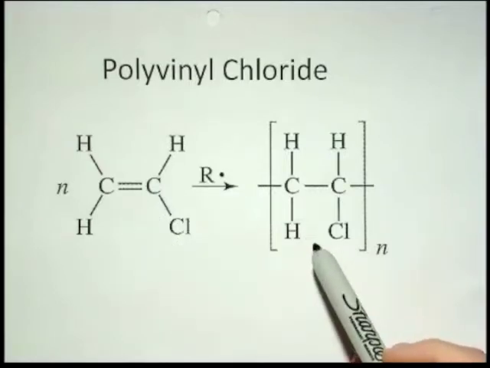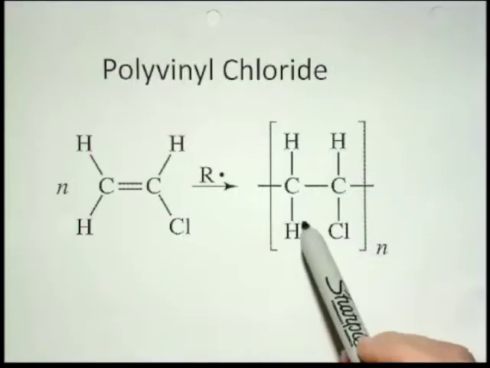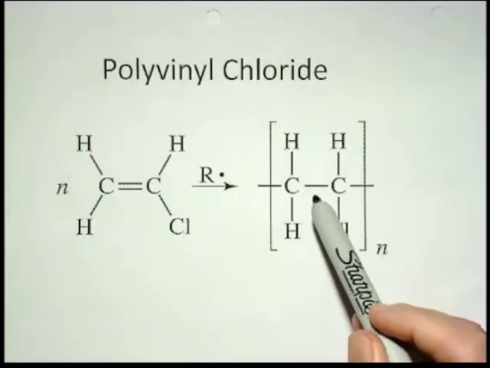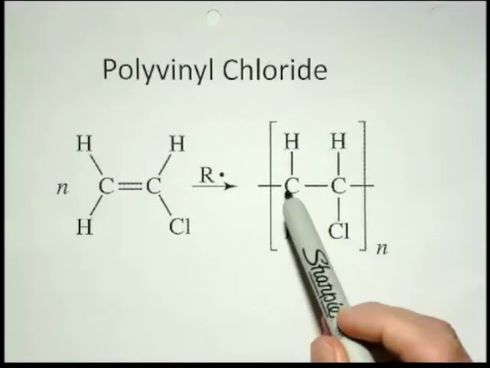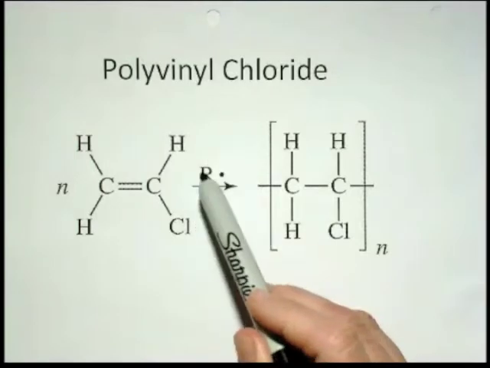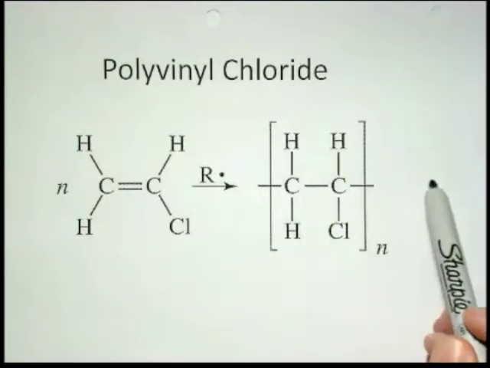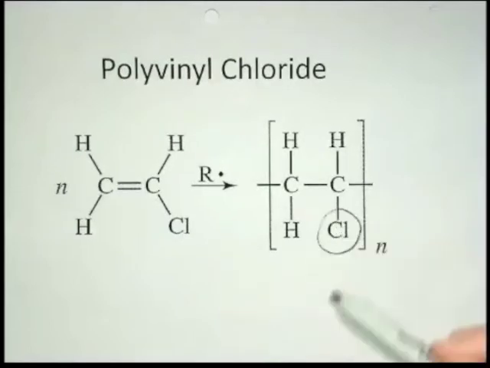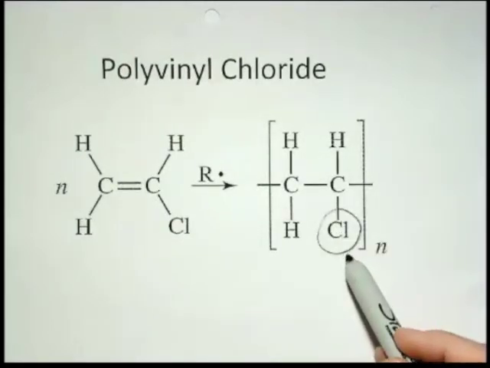And you end up with N units of this monomer unit. Again, you can see that the double bond has gone away. On one end, it's going to be bound to the R, and on the other end, it's going to be bound to more and more monomer units. So it looks very similar to the polyethylene, except that polyvinyl chloride, or PVC, has a chlorine atom in place of one of the hydrogens.